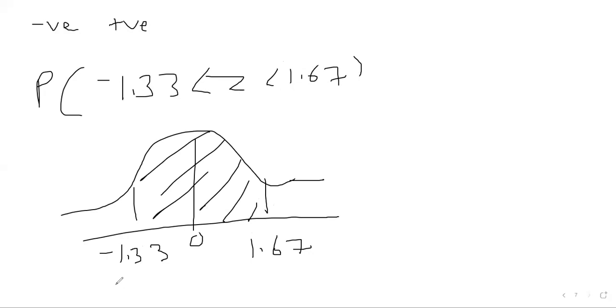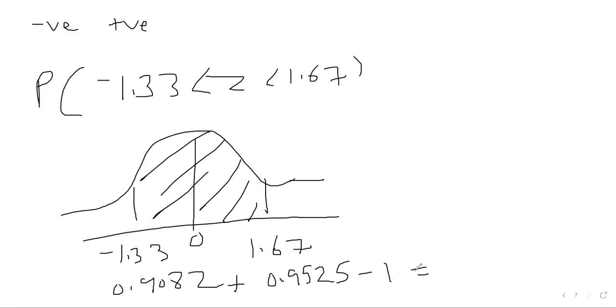So the probability for 1.33 is 9082. The probability of 1.67 is what? 9525. So just add the 2 and subtract the 1. So just add this probability plus that probability minus a 1. That's all. Then you stop thinking.